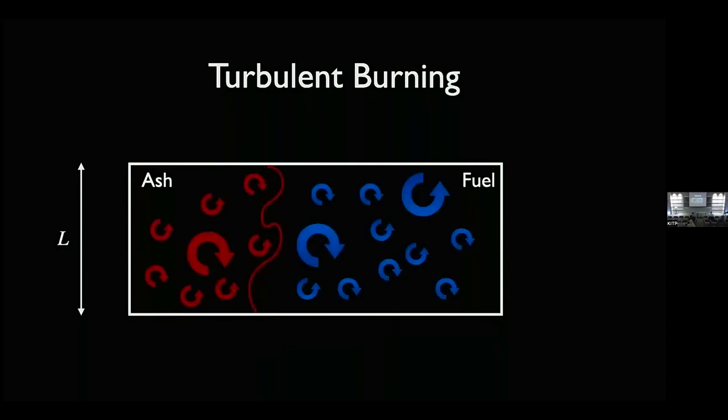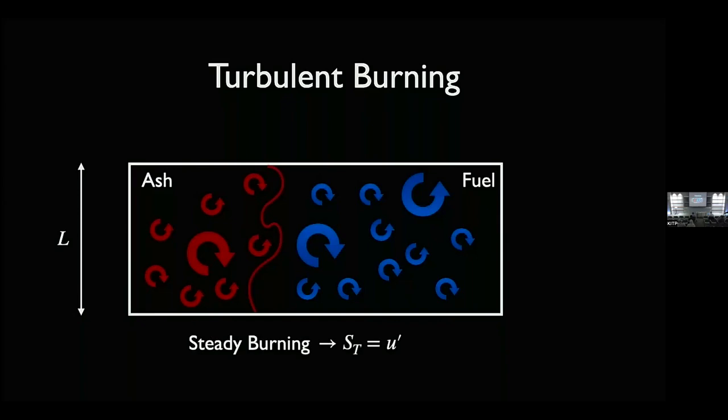Now, schematically here I've shown the presence of turbulence in eddies of all scales, most likely like Kolmogorov, from large scales down to the flame scale. The presence of turbulence perturbs the flame surface, and it leads to an increase of the burning by the enhancement of the surface area of the flame.